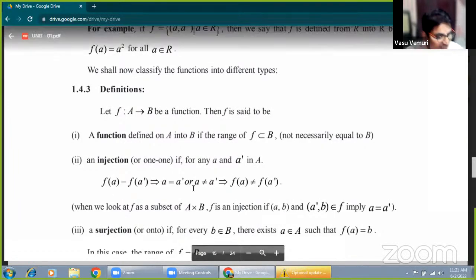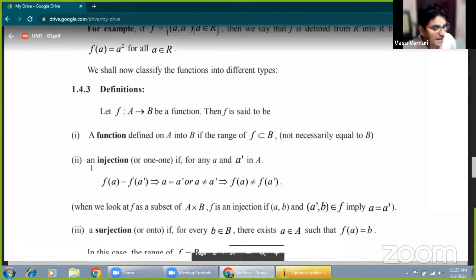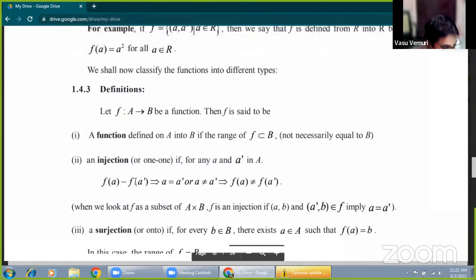At the same time, a not equal to a dash means F of a not equal to F of a dash. If a equals a dash, then F of a equals F of a dash, and that is also one mapping. That mapping is called one-one mapping or injection mapping. Different elements in the domain have different images in the codomain. That is called injection. That is the one-one mapping.